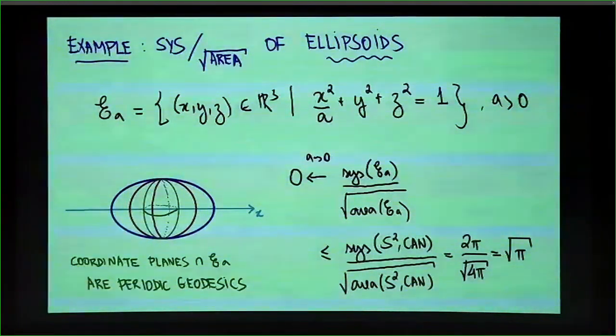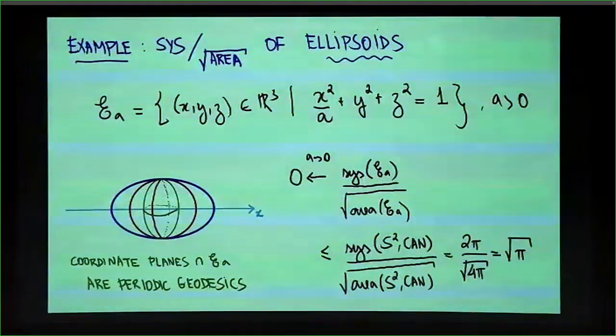And how about the opposite direction? Can it be arbitrarily big? And then something interesting is happening. Because if you try to, say, pass from the canonical metric, the red one, to the green one, you shrink the size of one of the axes. Okay, so both still have this red vertical geodesic here, but the green one has this other one, the one that appears as I intersect the ellipsoid with the xy plane.